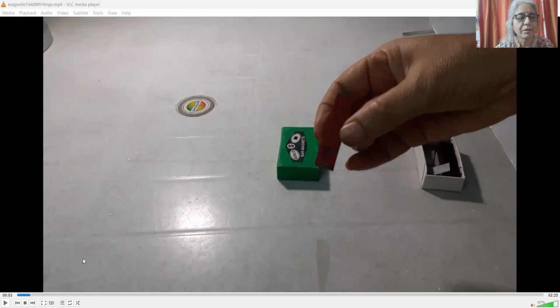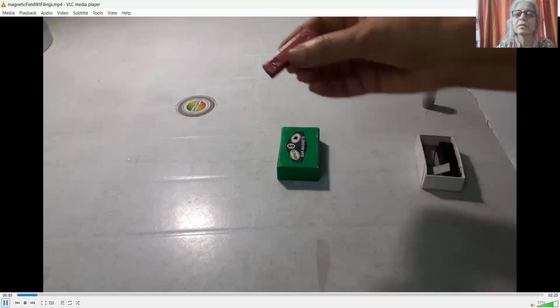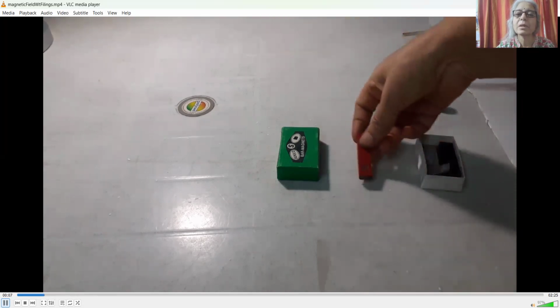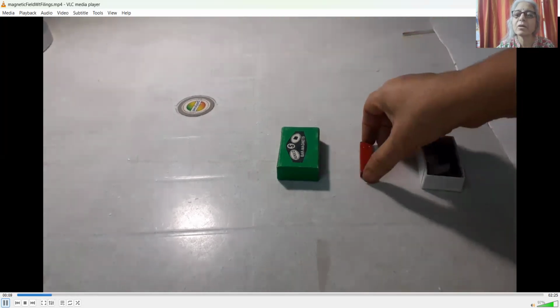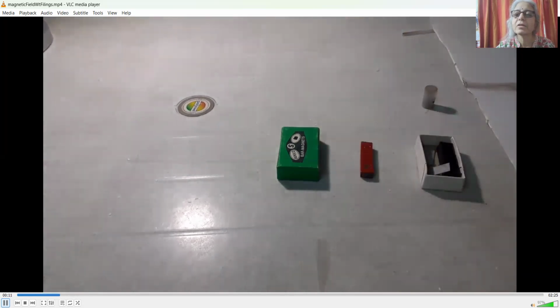So here I have a bar magnet. That is the North Pole. So I'm placing the bar magnet on the table. Okay. So I'm using these small cardboard boxes to support this sheet of paper, which I'm going to place on top of the magnet.